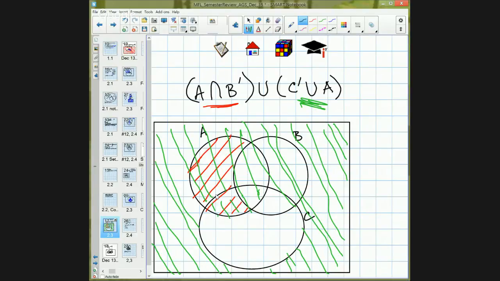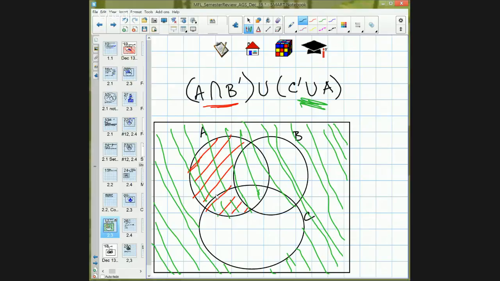How about let's do the green part. Where's everything outside of C joined together with A? So everything outside of C, but throw circle A in there too. And that's my green answer up there. Sorry, it's really sloppy. I couldn't draw lines very well that day, but it's everything outside of C with the addition of all of circle A included.